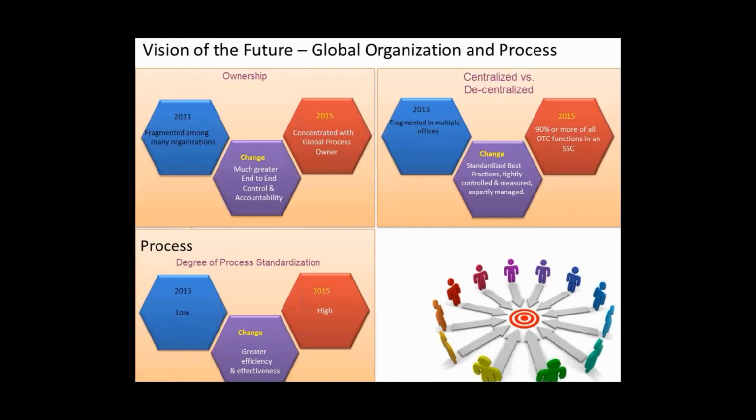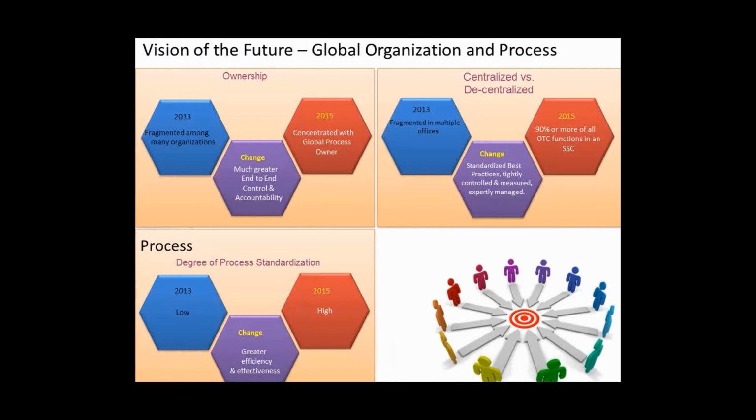What do we see in the future? Much more concentrated ownership with what we call a global process owner. Now this person, this role, is kind of what it describes. They own the order-to-cash process throughout the globe where they work.